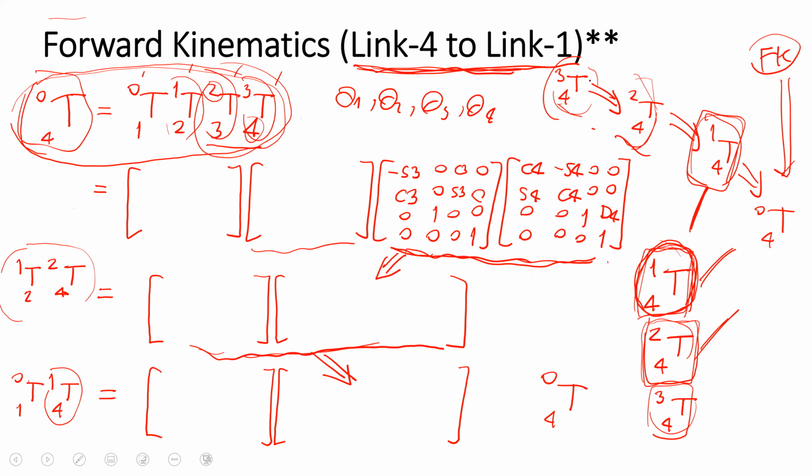From the forward kinematic step, when we want to obtain the matrix of 4/0, there is one step we obtain from 4 to 1. First, we obtain this one first.